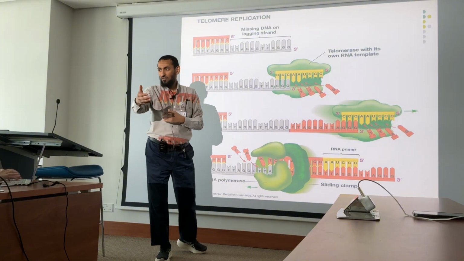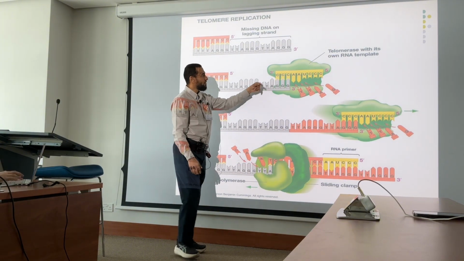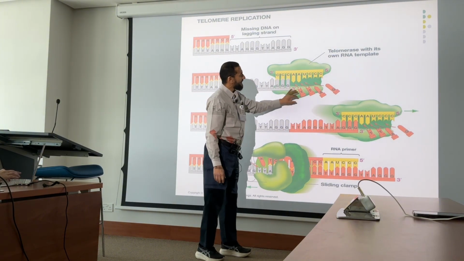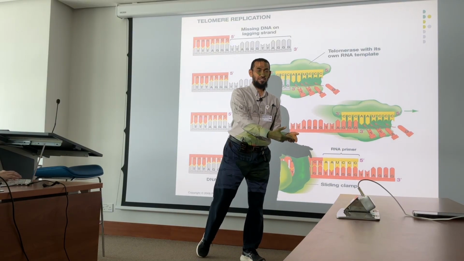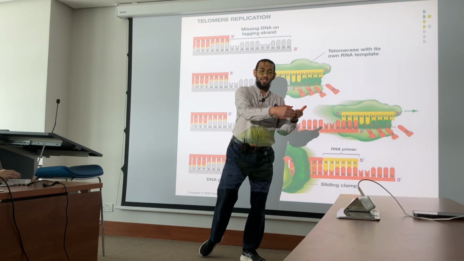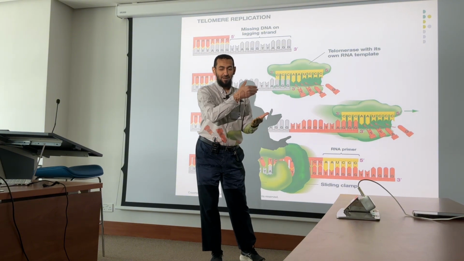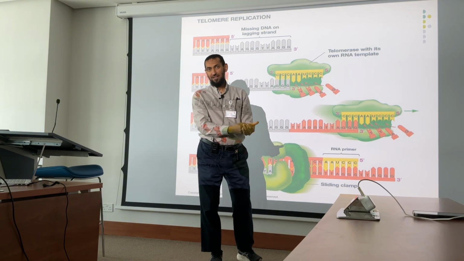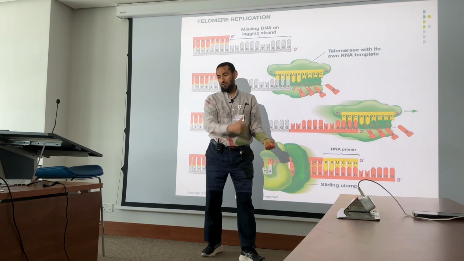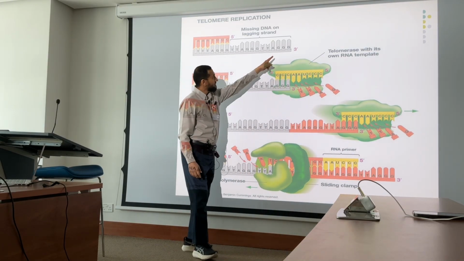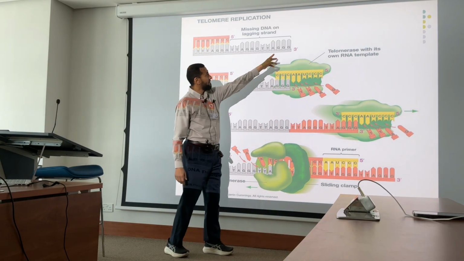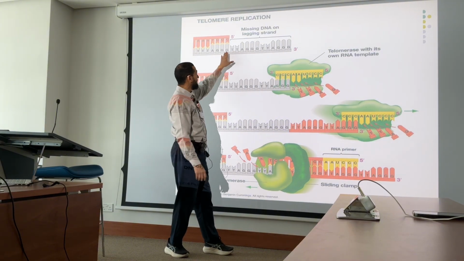Telomere is the right end of the chromosome, right? So telomerase will create an extension to the maternal strand that will be used as a place for the RNA, which will be used for replication. Then all these will be removed. This is the last few nucleotides that need to be replicated.